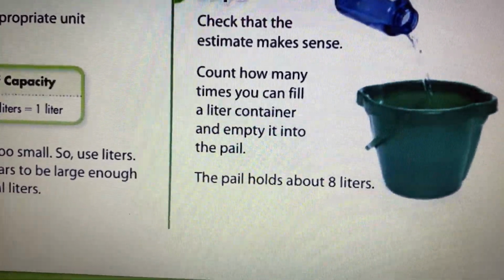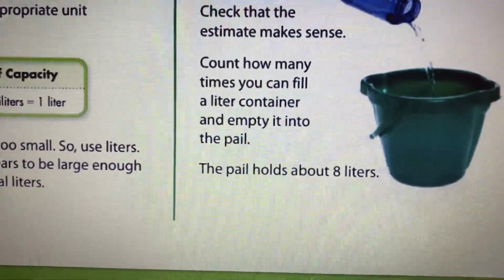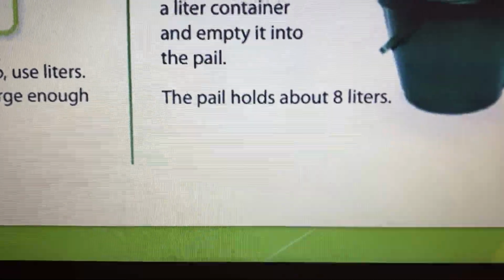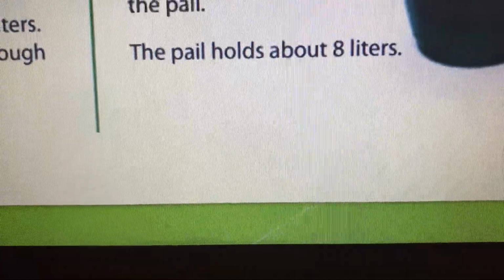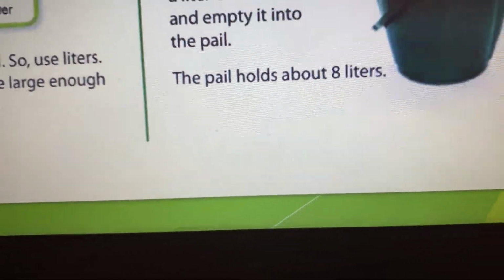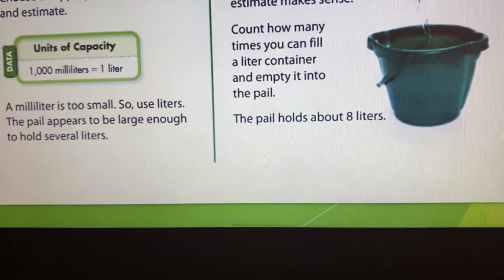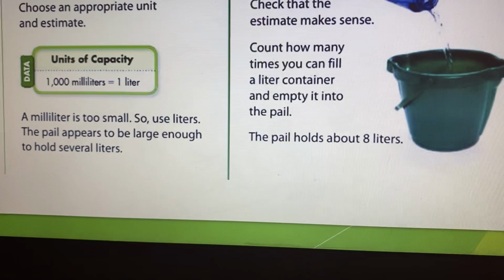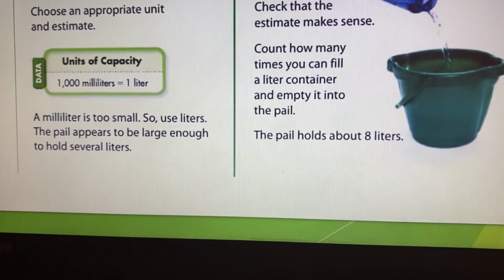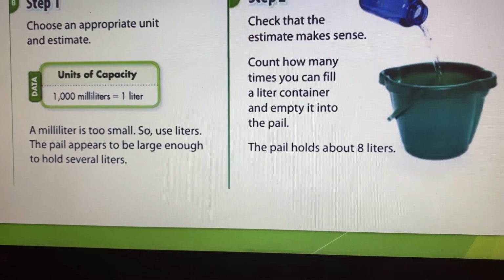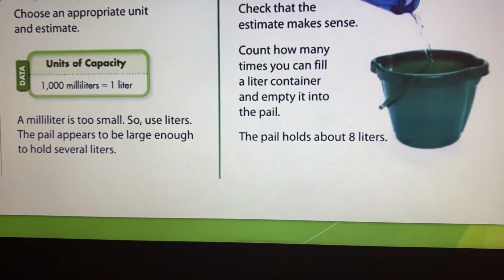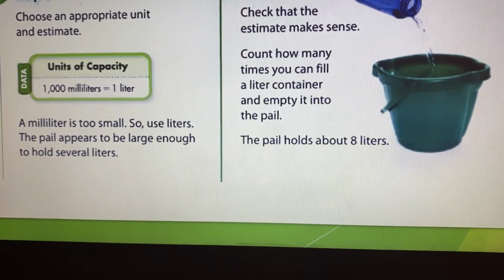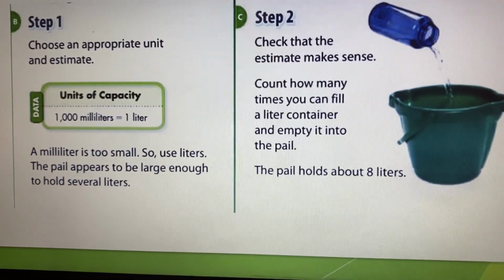So let's guess how many bottles I need. They said that the pail holds about 8 liters. When I say about, does that mean I found the exact answer? No, it is about, almost. I'm finding around 8 liters, not exactly. Maybe more, maybe less.